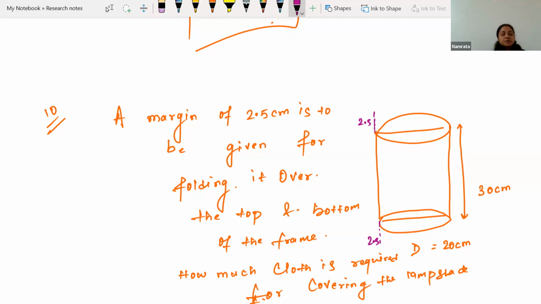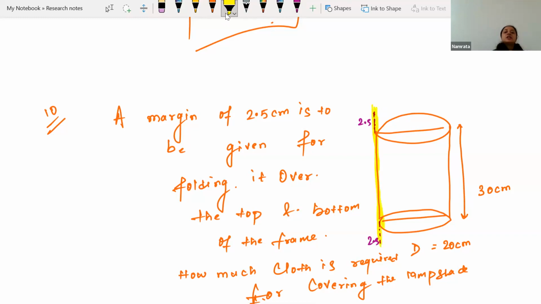We are having a cylinder, radius is given, height is given. A margin of 2.5 we need from the top side, a margin of 2.5 we need from the bottom portion. How much cloth is required? So whatever cloth is required, that must be having this height.